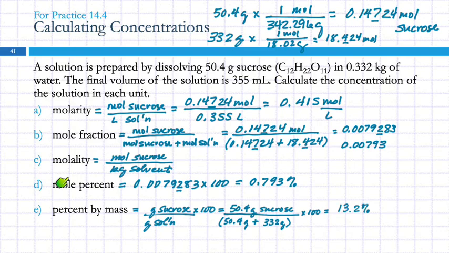And here, the molality, we've got the moles of sucrose divided by the kilograms of solution, which was given up at the top there. Sorry, not solution, solvent. 0.14724 divided by 0.332. 0.443.